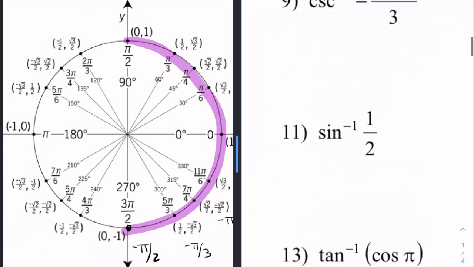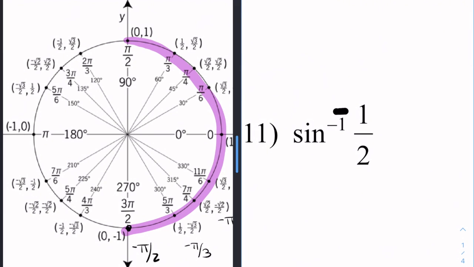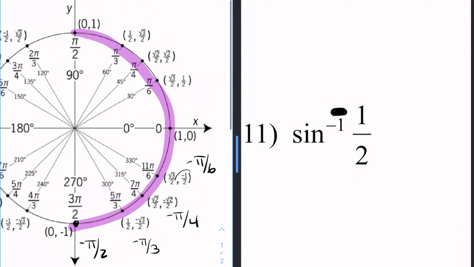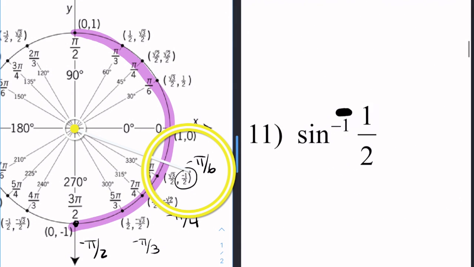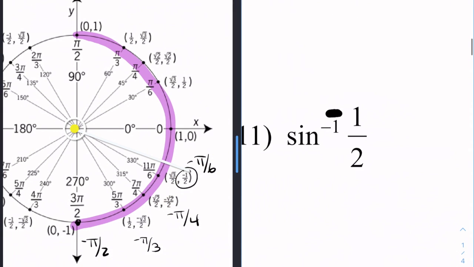Now let's say, for example, this was a negative value. So at what angle is inverse sine of negative 1/2? So we see that the y value is negative 1/2 in the fourth quadrant. Oftentimes, people are going to give the wrong answer as 11 pi over 6.